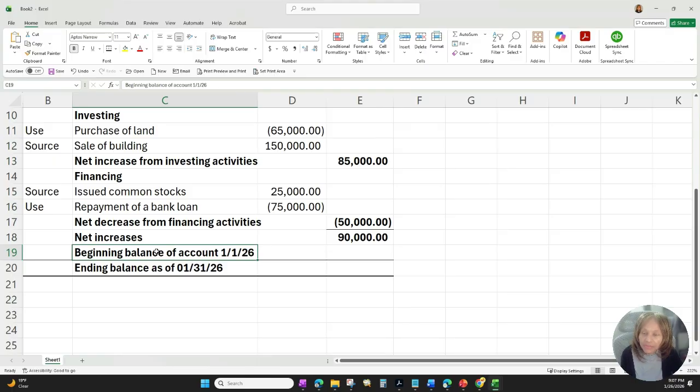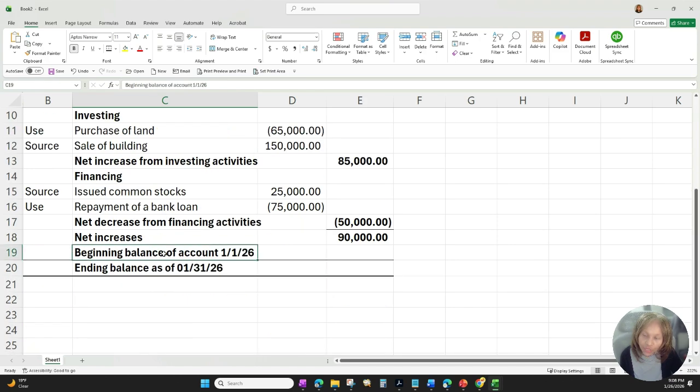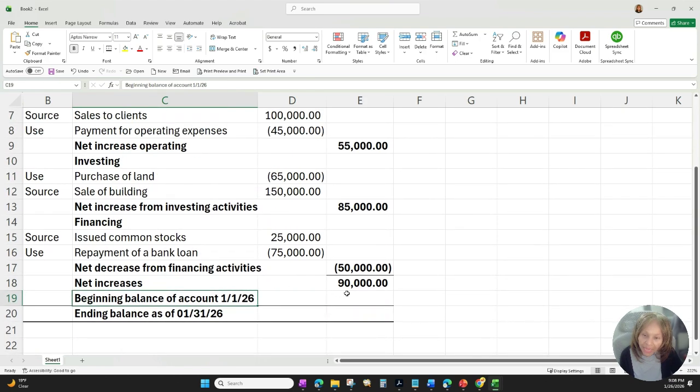Think of this, again, this is a simplified version of the statement of cash flows. But think of it as a bank statement. You look at a bank statement, the bank statement shows a beginning balance. In this case, the beginning balance as of January 1st, because the statement is prepared as of January 31st, 2026, the beginning balance of this bank account is going to be $30,000.